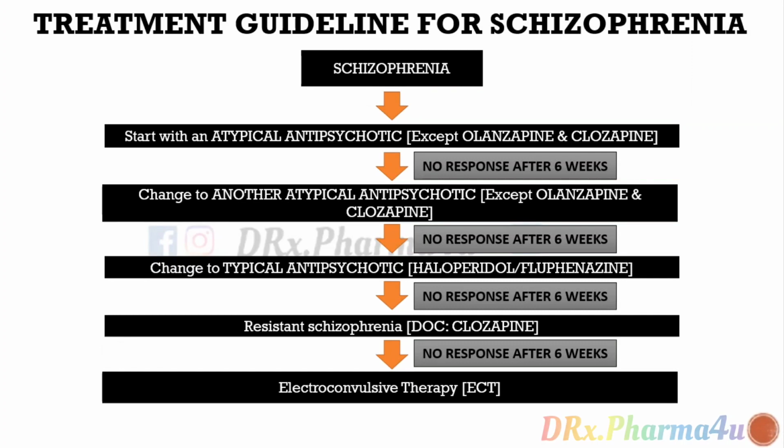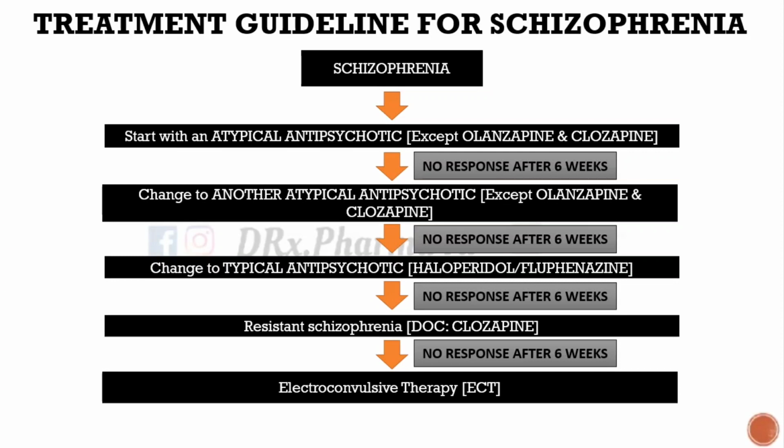And please remember, if we are using an atypical antipsychotic, don't start with olanzapine or clozapine, because olanzapine has its own different kind of risks. It can increase the risk of stroke. It can cause new onset diabetes mellitus. A lot of problems are there with olanzapine.